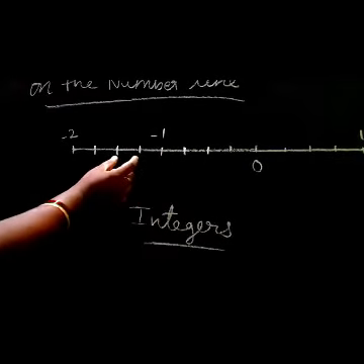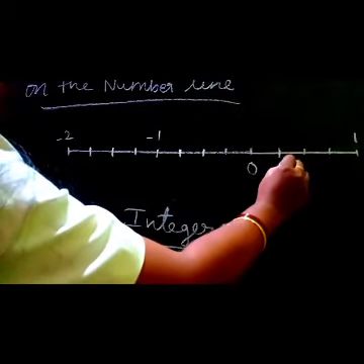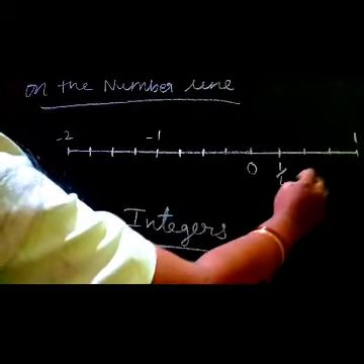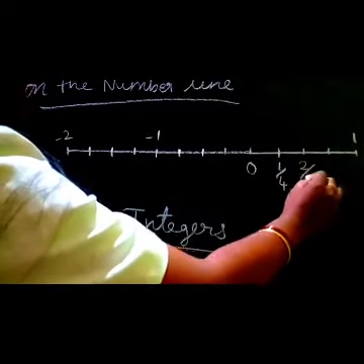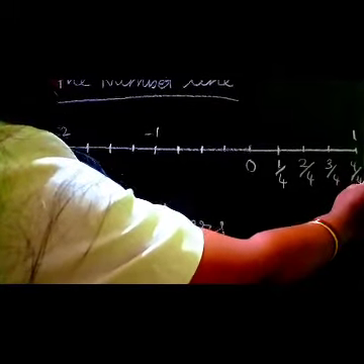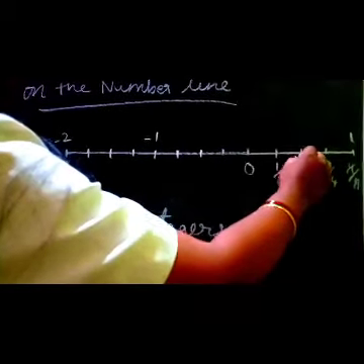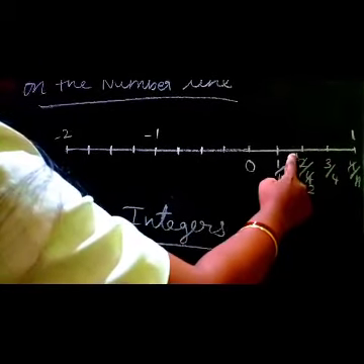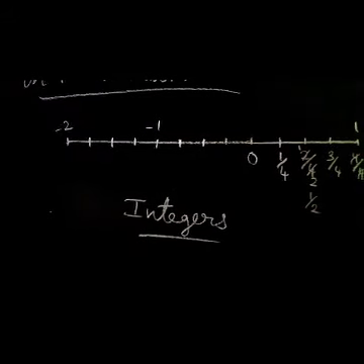It is 1, 2, 3, 4. Then what is the value of this? It is 1 by 4 because we have divided into 4 equal parts. This is 2 by 4. This is 3 by 4. This is 4 by 4. Now 4 by 4 is 1. This is half. 1 2s are 2, 2 2s are 4. So this value is 1 by 2 also, we can tell.